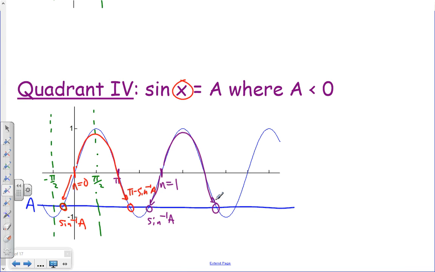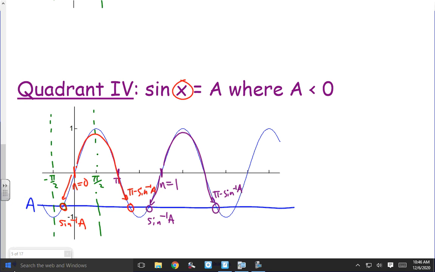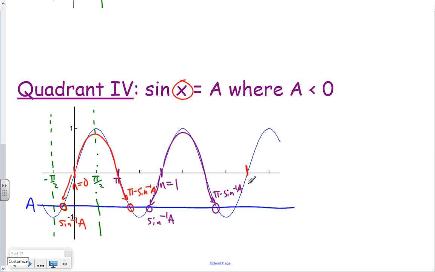This is my pi minus sine inverse solution. And I can find the last one here. Go back to red here. Here's where n would be equal to 2. If I go backwards, this is the sine inverse of a solution. And I don't have it marked, but if I had it marked, I'd head in this direction to find the other solution.